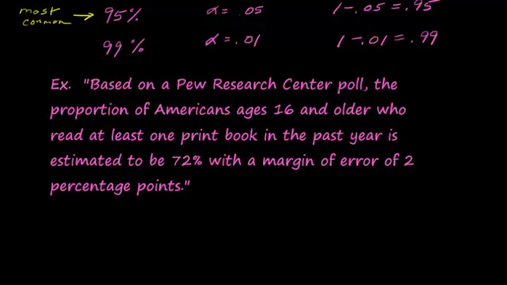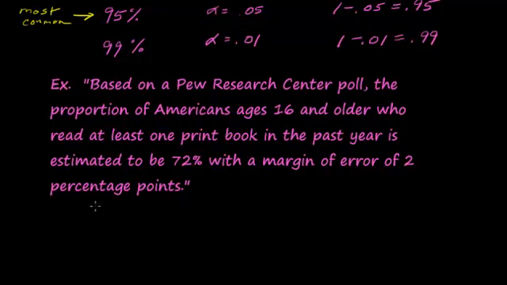Okay, so that may sound a little familiar, the way that's worded. And usually when you see these, maybe there's another sentence that will talk about how many Americans were surveyed, how they chose their sample, maybe if they did phone calls or how they got that information.